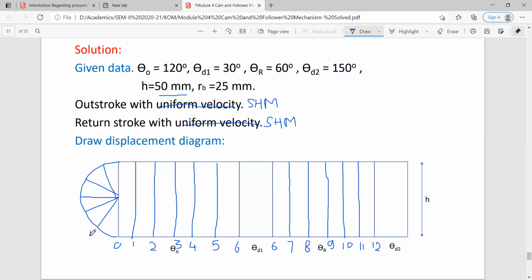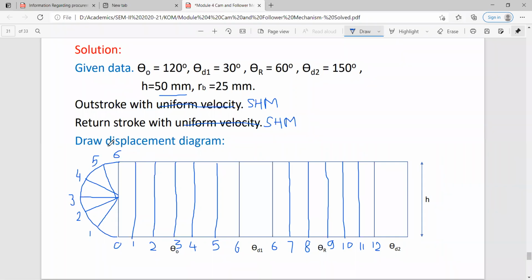And then you can number it in the same way, like this: 1, 2, 3. You will start numbering from the bottom because the follower is rising, so the numbers should rise like this: 1, 2, 3. Then this one is 4, this one is 5th, this point, and this is 6th.